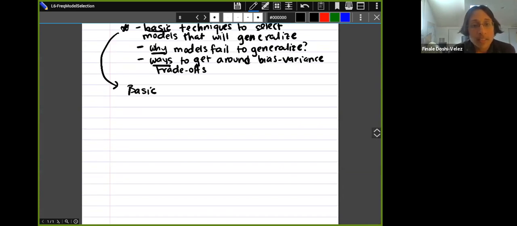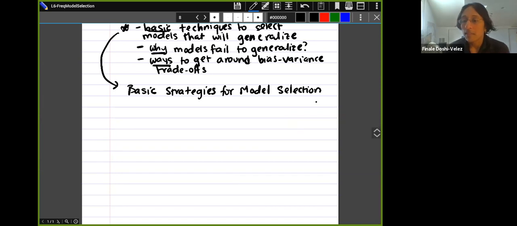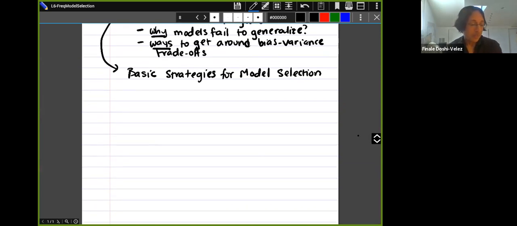So, basic strategies for model selection. I'm just going to name 2 that are quite related to each other. But these will serve you well, right? So this is meant to be just kind of practical, what you should do when you're trying to choose between different models.